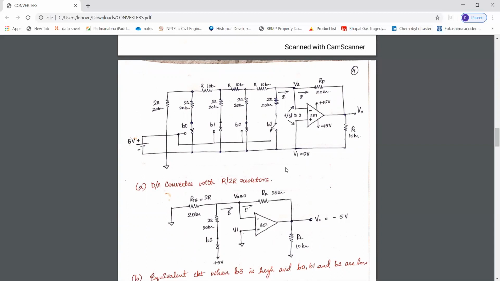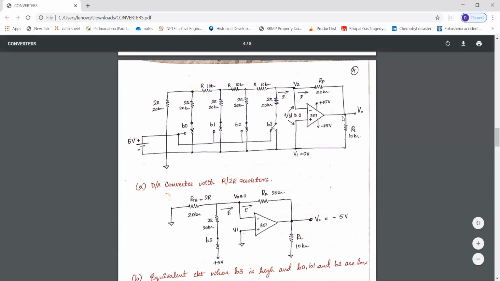So now, in this case, we will assume that switch B3 is connected to plus 5 volts over here, whereas all the other switches are grounded, as shown here.